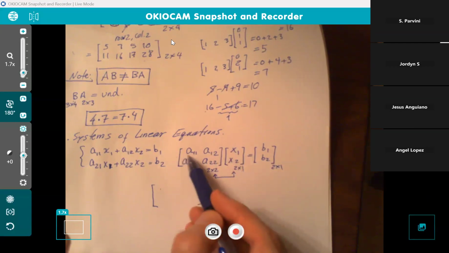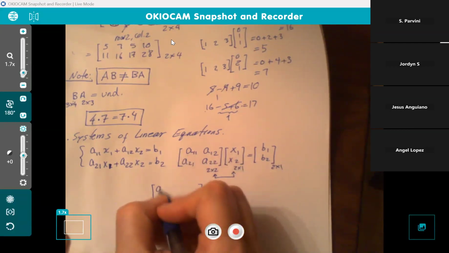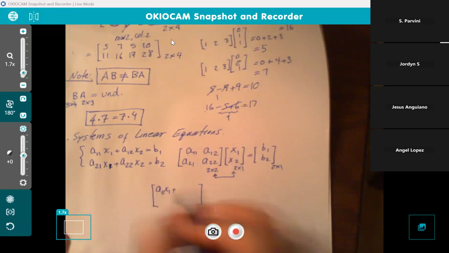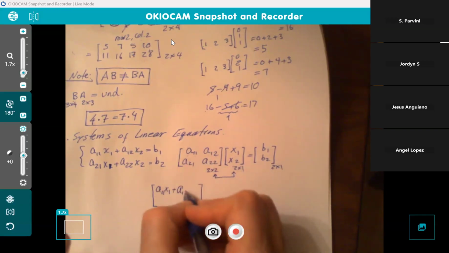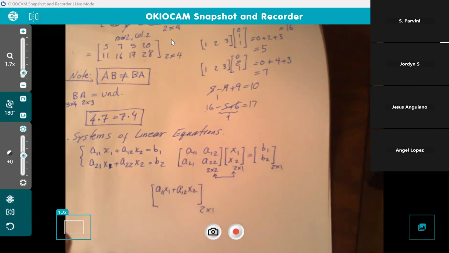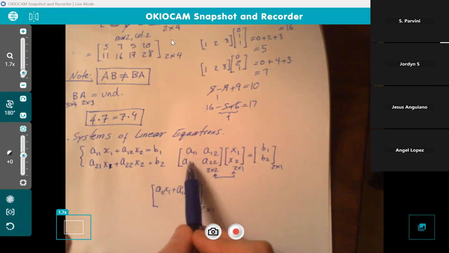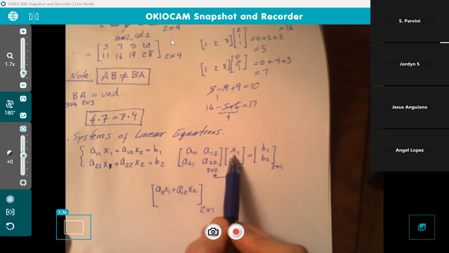So it will be A11 x1 plus A12 x2. And there you go. The second row, the product in here, second row, first column. You do A21 by x1.